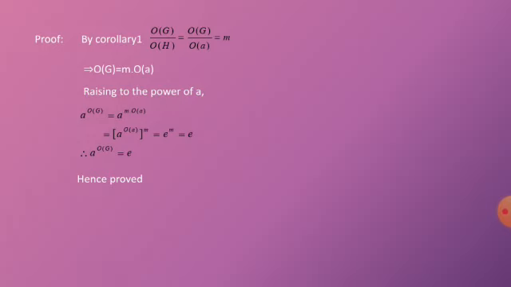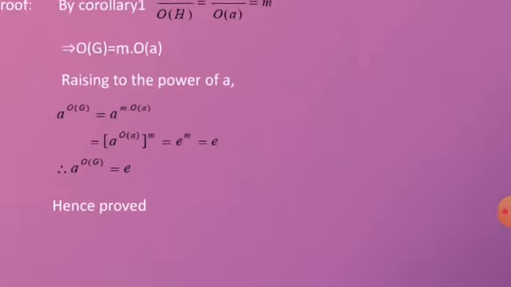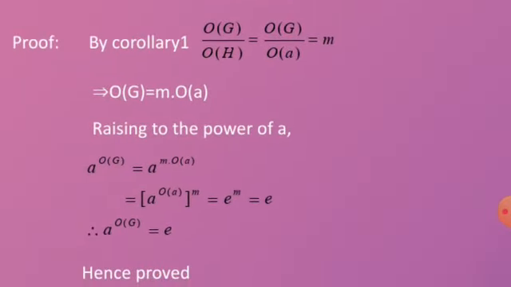Raising to the power a, a to the power of the order of G is equal to a to the power m times the order of a. That is equal to (a to the power order of a) whole to the power m. We know that a to the power order of a is e. So e to the power m is equal to e. So a to the power of the order of G is equal to e. Hence, we prove this corollary.